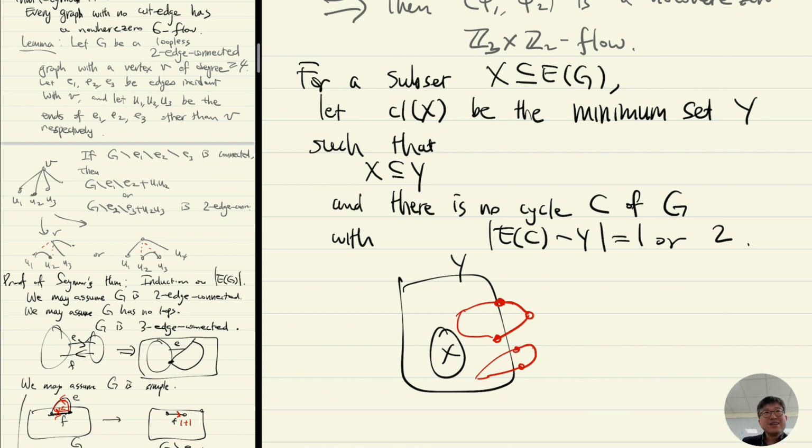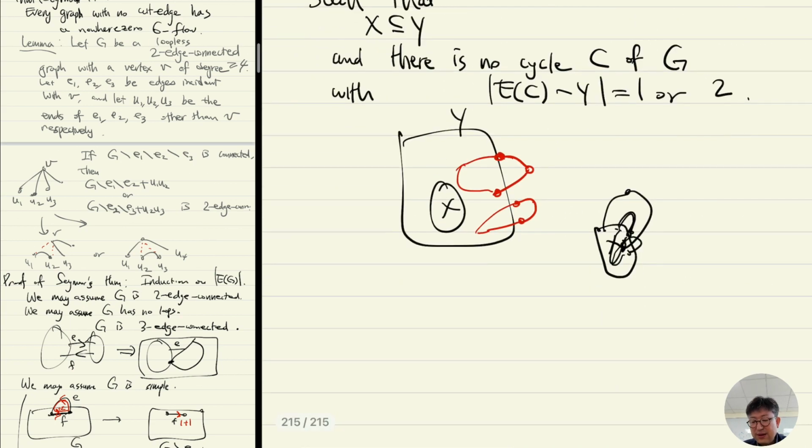Equivalently, you start with X, and whenever you find a cycle having one or two edges outside, you add it into Y, and you keep doing that. You keep finding a cycle where you have only one edge outside, with all of the other edges inside, then you add it to Y. If you have a cycle where you have two edges outside, you can add it too.